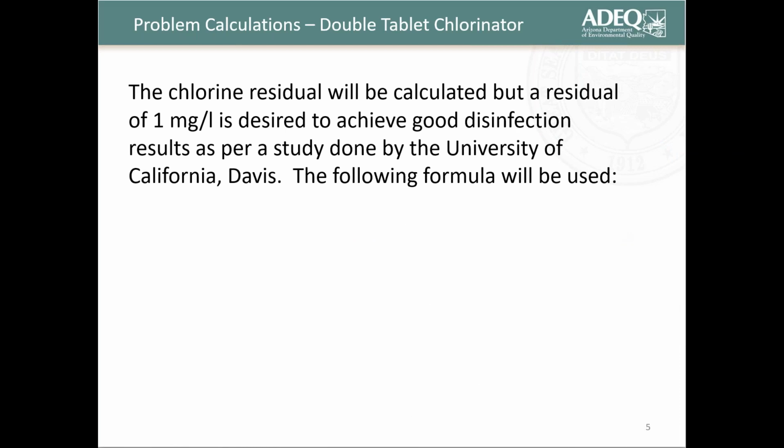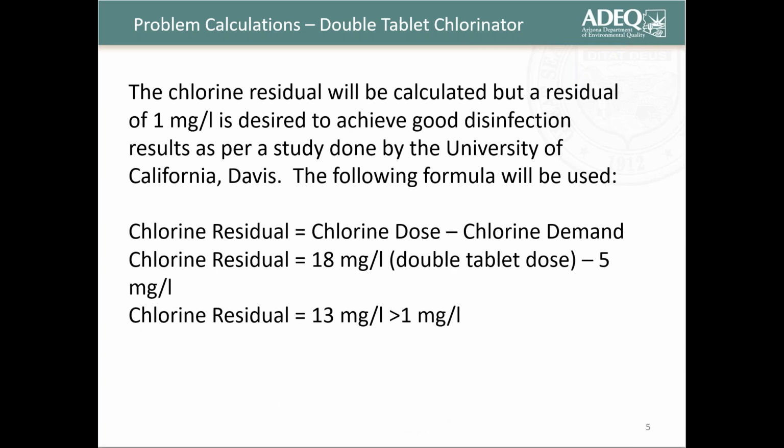So the chlorine residual is going to be calculated, but a residual of 1 milligram per liter is desired to achieve good disinfection results as per a study done by the University of California, Davis. So the following formula is going to be used. Simple, very simple formula. So the chlorine residual is equal to the chlorine dose minus the chlorine demand.